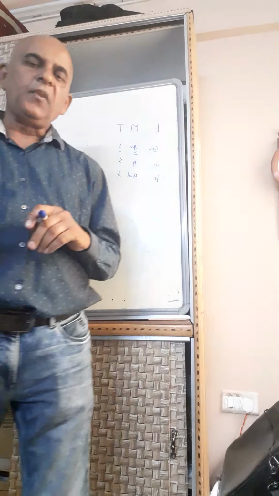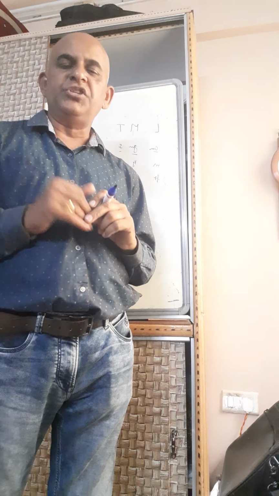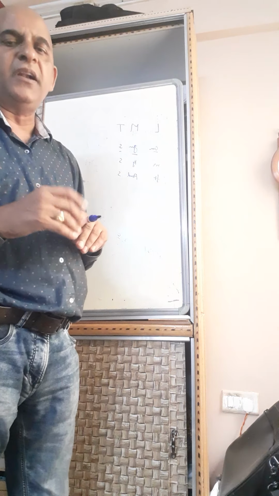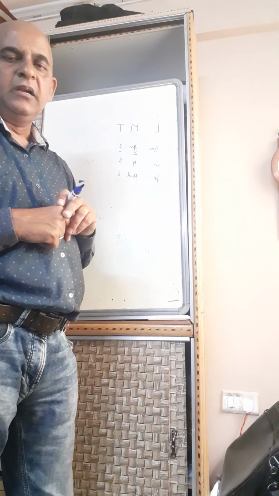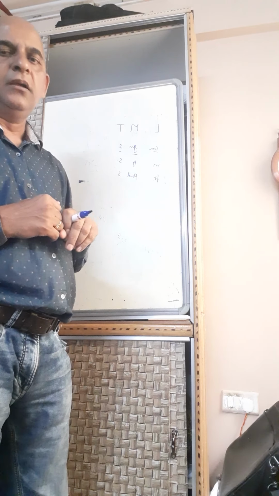Later a new system was introduced, called the SI system, the System of International Units. Nowadays everyone follows that one only. According to that new system, there are seven fundamental quantities: length, mass, time, temperature, electric current, luminous intensity, and amount of substance.